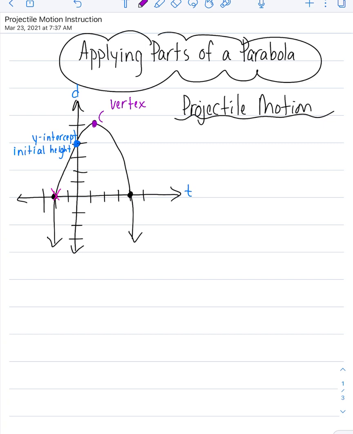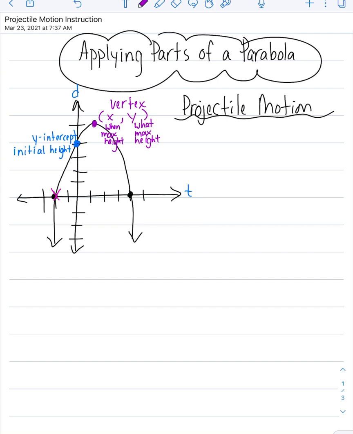Well, the x is when your object reaches its maximum height. And your y, think about it, if distance is on your y-axis, your y value in your vertex is your maximum height.